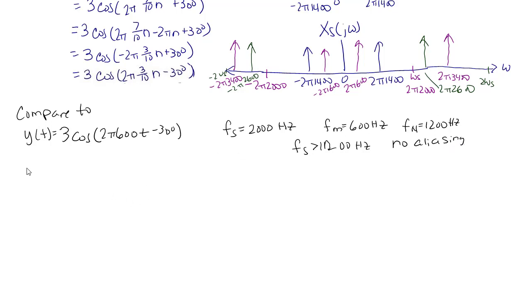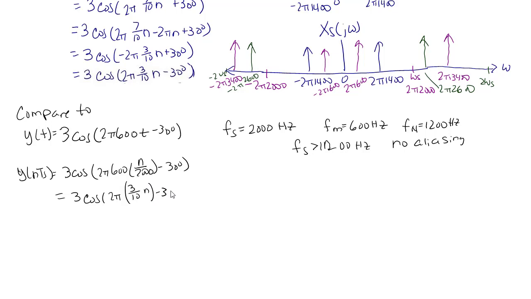So first, what does my sampled signal look like? I have y of nTs is equal to 3 cosine 2 pi 600 times n over 2000 minus 30 degrees, which equals 3 cosine 2 pi 3 over 10 n minus 30 degrees.